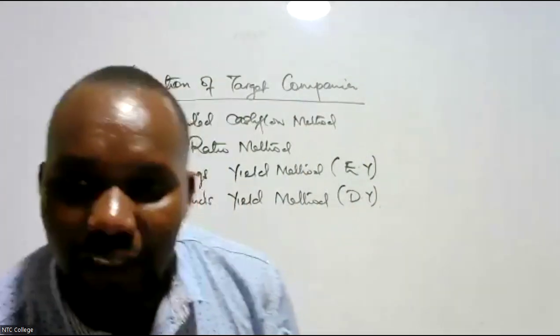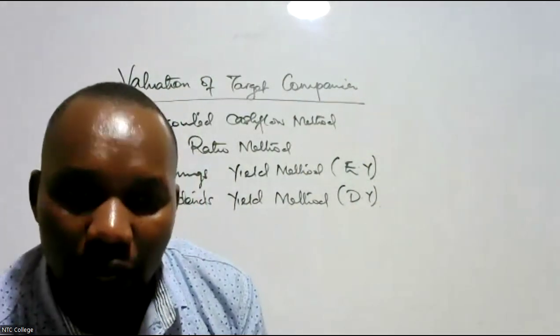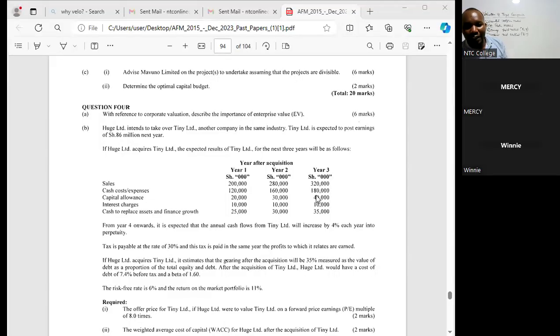Now, we are looking at some of the cash flows that we expect from Tiny Limited because we are about to acquire it. We are told that the first 3 are given, but from year 4, there are cash flows into perpetuity. From year 4 onwards, it is expected that the cash flows from Tiny Limited will increase by 4% into perpetuity.